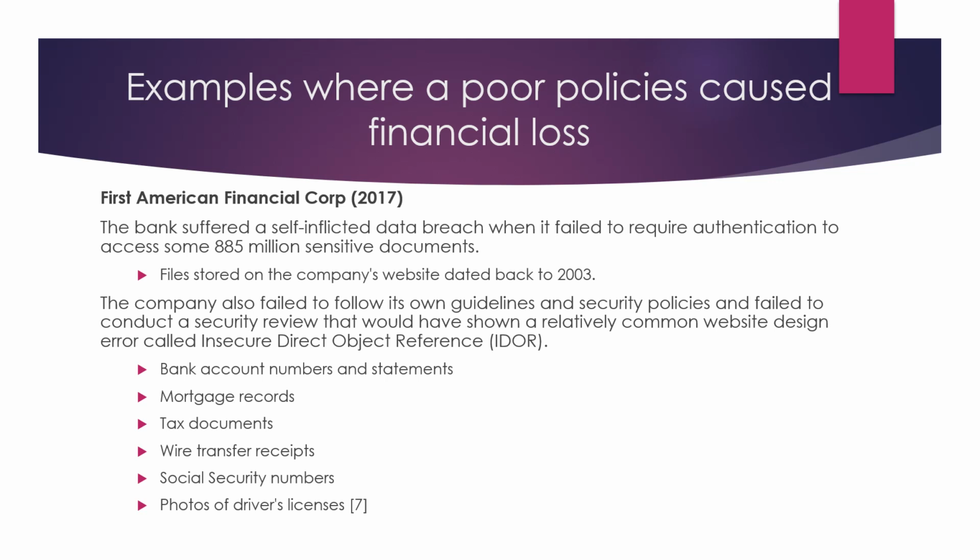Those files stored on the company's websites dated back to 2003 and contained bank account numbers and statements, mortgage records, tax documents, wire transfer receipts, social security numbers, and photos of driver's licenses. The company also failed to follow its own guidelines and security policies and failed to conduct a security review that would have shown a relatively common website design error called insecure direct object reference.